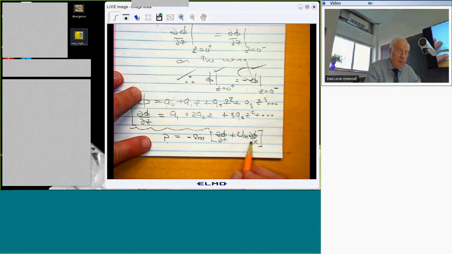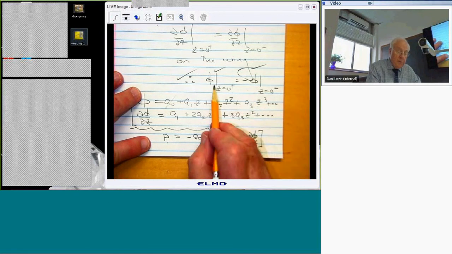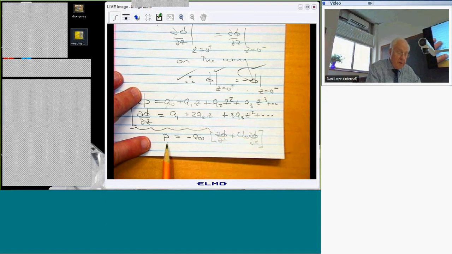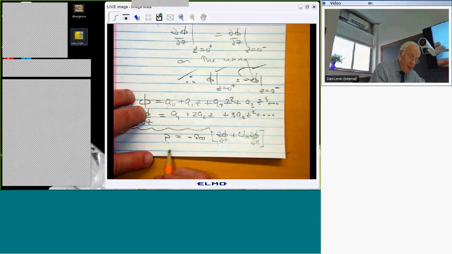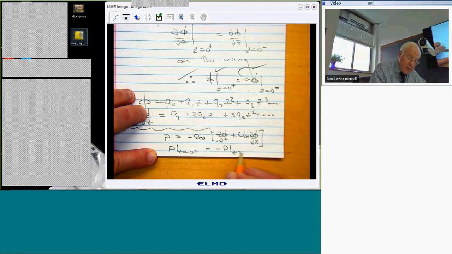If this is true of the velocity potential, this also must be true of the pressure, because differentiating the velocity potential with respect to t and x doesn't change the symmetry and anti-symmetry properties. Therefore, I conclude that p at z equals 0 plus must be equal to minus p at z equals 0 minus.